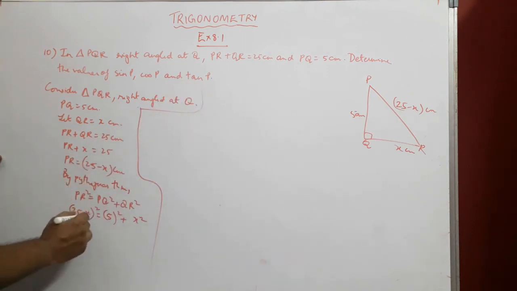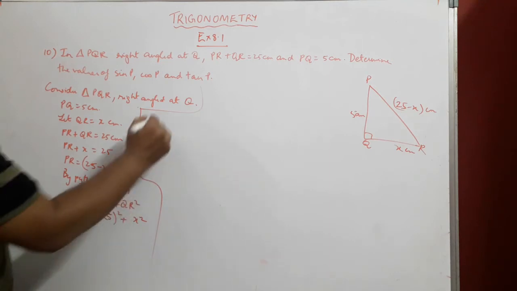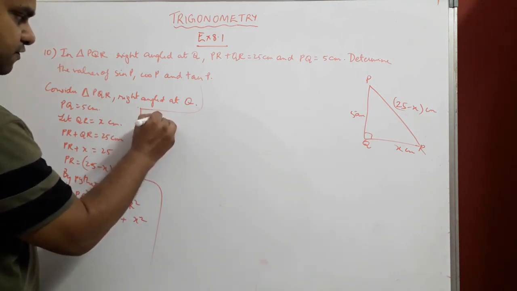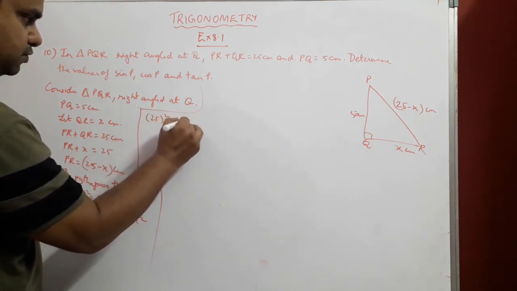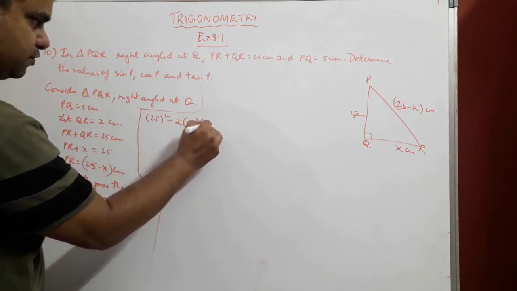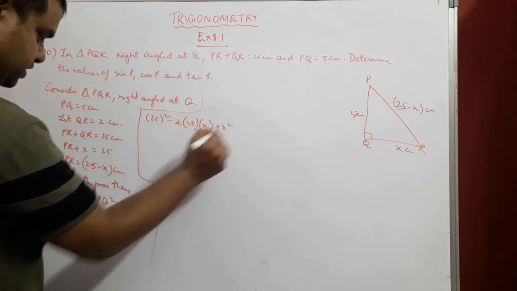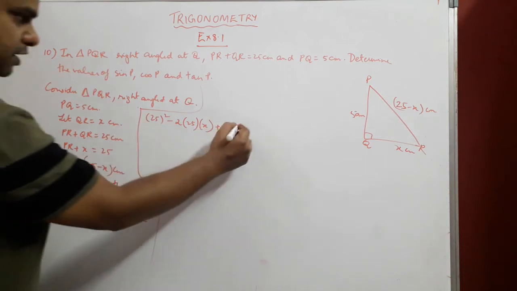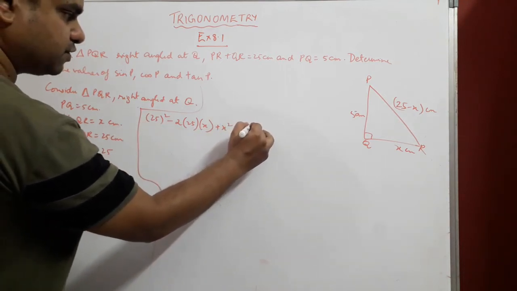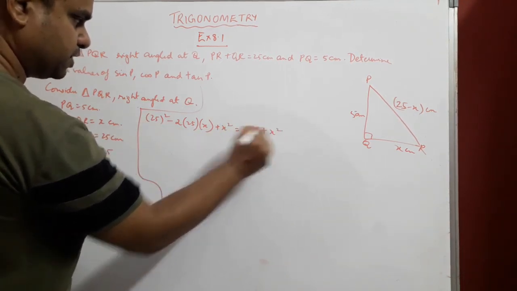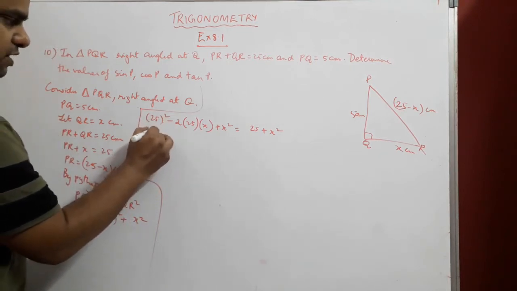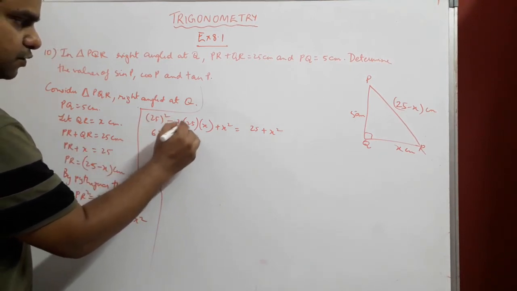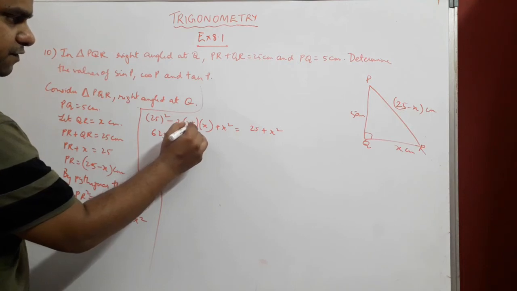So 25 minus X whole square, this is A minus B whole square, which means 25 whole square minus 2 times into 25 into X plus X square, equal to 5 square, which is 25, plus X square. 25 whole square is 625. 2 into 25 is 50. 50 into X is 50X.